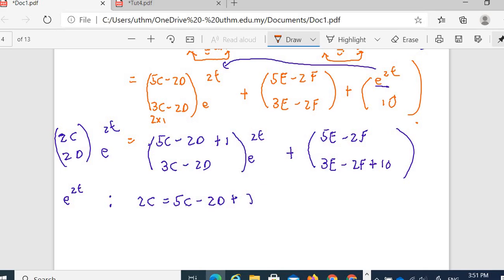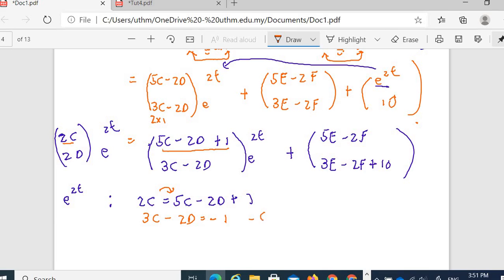2c equals 5c minus 2d plus 1. So we collect this to here. I should have 3c minus 2d equals negative 1. I bring 2c to the right side, so 3c minus 2d, and positive 1 brought to the other side becomes minus 1.